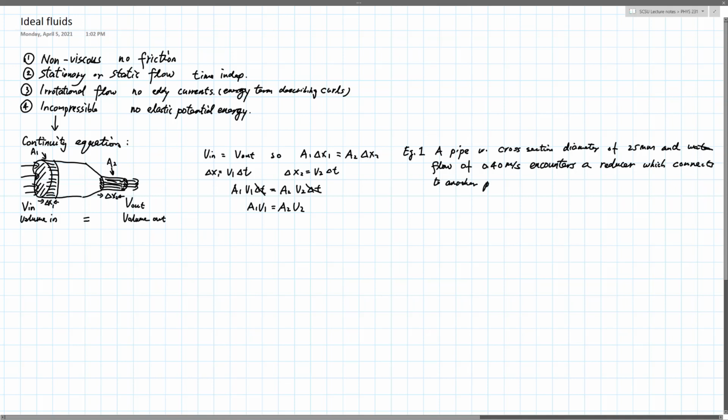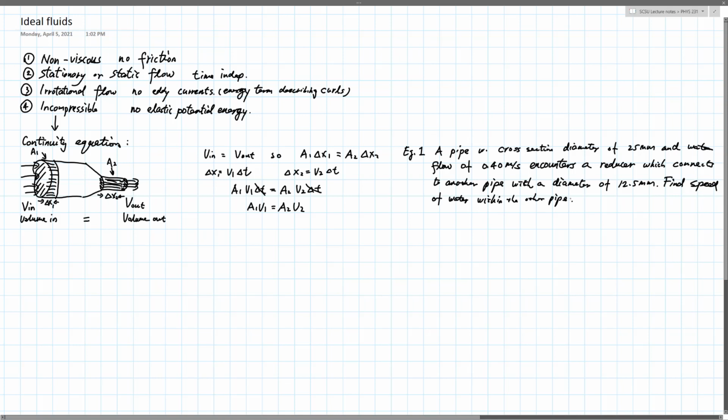Another pipe, diameter of 12.5 millimeters. So we want to find the speed of water within the other pipe.